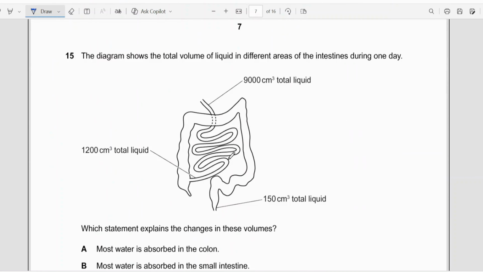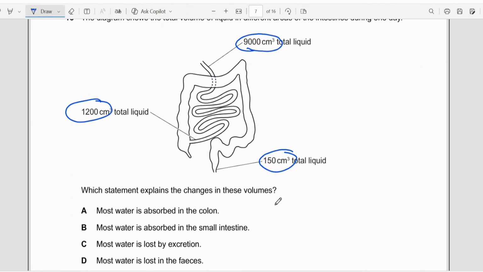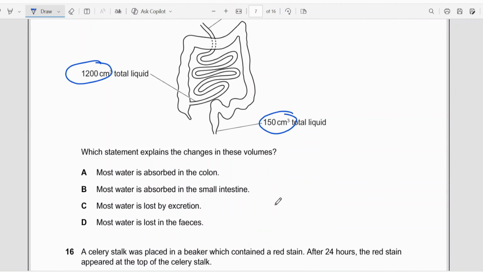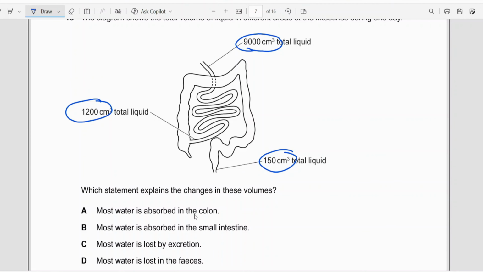Okay, the diagram is shown and they have shown you the absorption of liquid in different parts. Now they have given you some values. You have to look at the values and tell which change is more according to this diagram. Number one, more water is absorbed in the column. How much water is absorbed in the column? 1200 to 750. Is it 850?